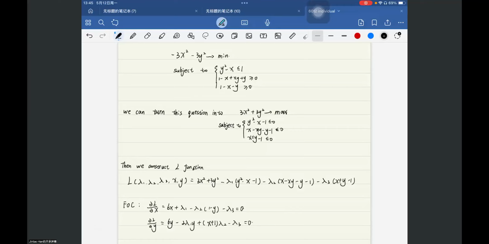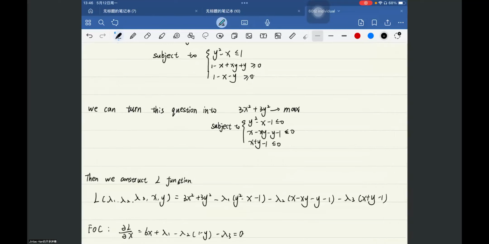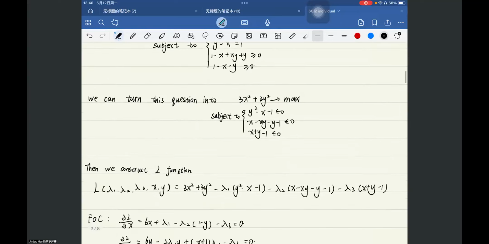This function is subject to y squared minus x minus 1 less than or equal to 0, and x squared minus x times y plus y minus 1 less than or equal to 0, and x plus y minus 1 less than or equal to 0.